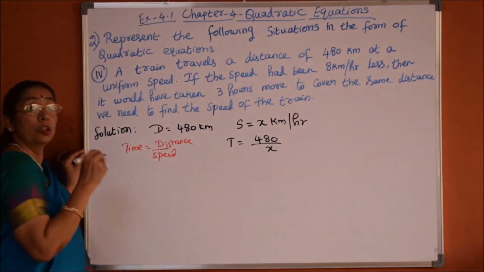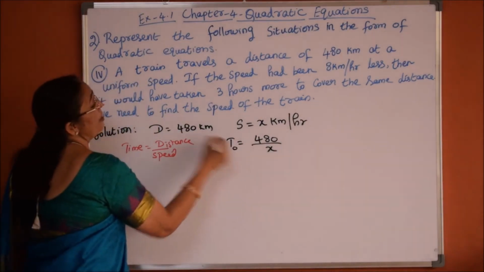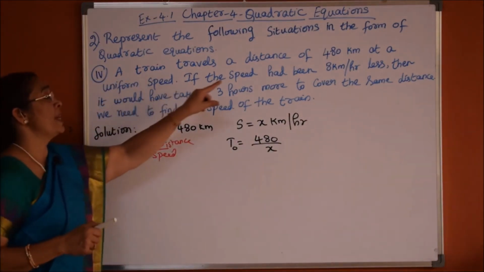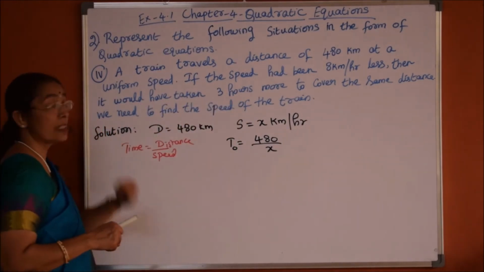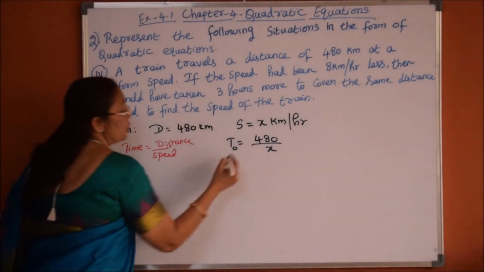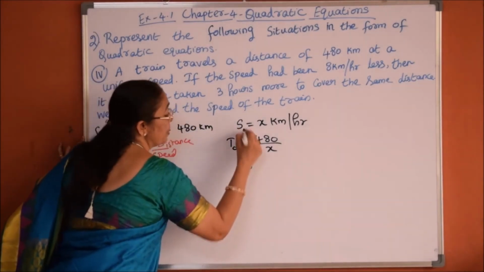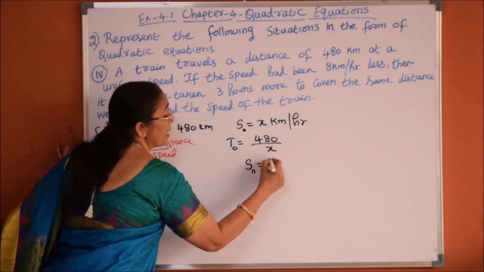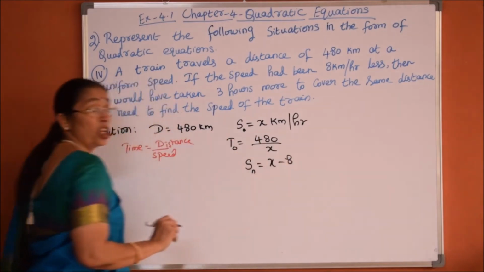This is our original time. But what happened? The speed was 8 km per hour less. So speed decreased by 8 km per hour. This is the original speed, and the new speed is x minus 8 km per hour.